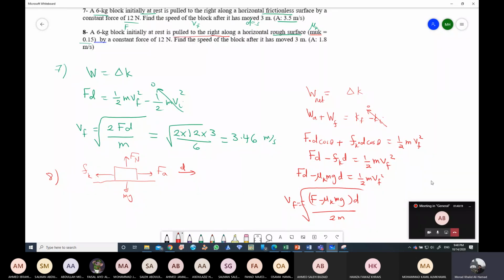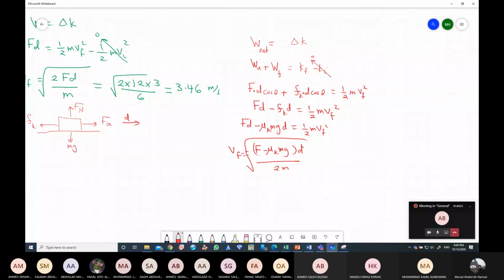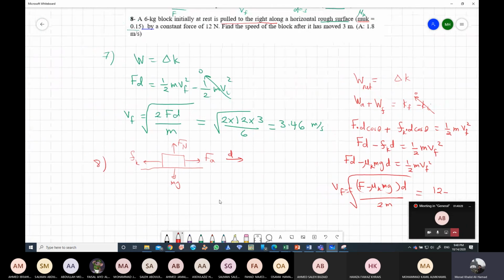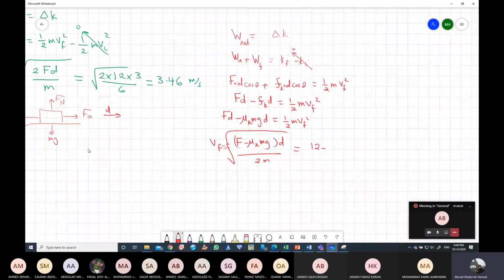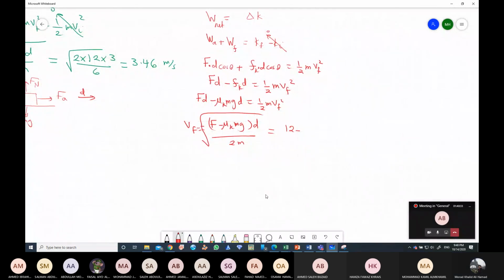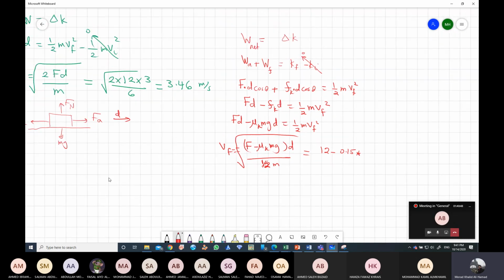So let's substitute the numbers together. F is equal to 12. If someone has a calculator: 12 minus mu k, what did we say mu k was? Doctor, why is it over 2m and not half m? Sorry, 2 should be in the numerator. Yes, half m, sorry. Minus 0.15 times the mass. What did we say the mass was? 6.